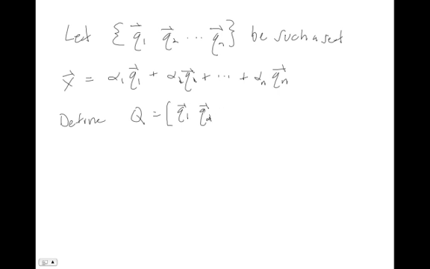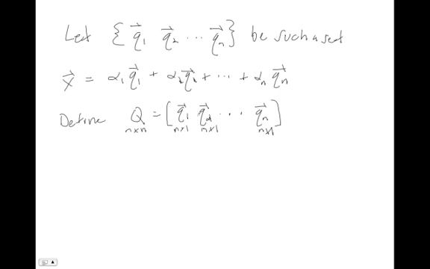But now we're formally structuring a matrix Q where its columns are these vectors. There's n of them, and each one individually is an n by 1 thing, so this Q matrix is an n by n matrix for this space Rn.